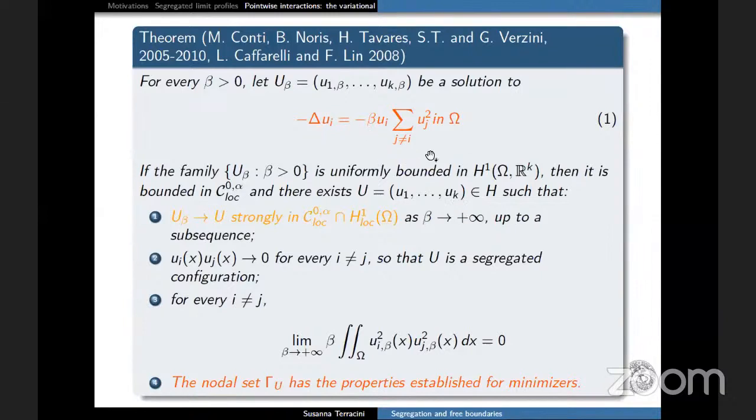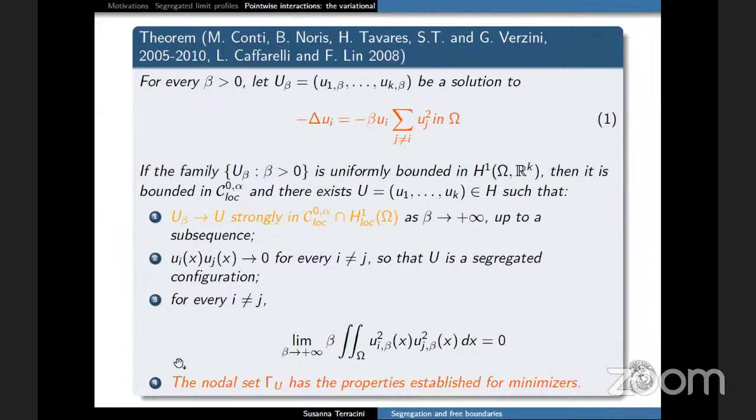And then what we can prove is that if you have a family of solutions of this problem and you let beta go to infinity, then there are uniform bounds in spaces of Holder continuous functions, and in fact these uniform bounds entail the existence of limits, up to subsequences, and of limiting profiles.